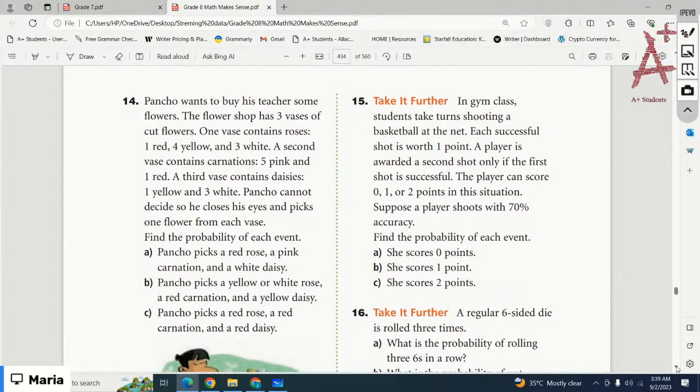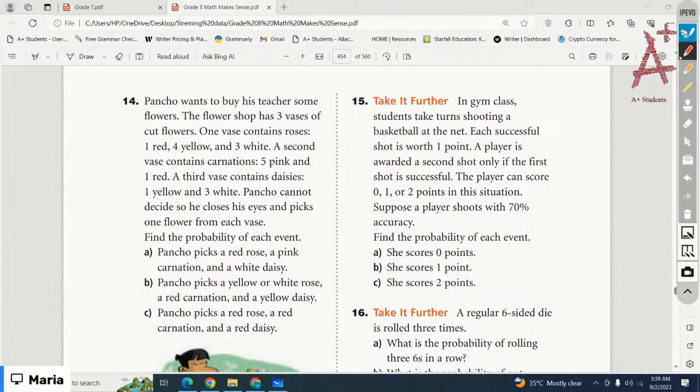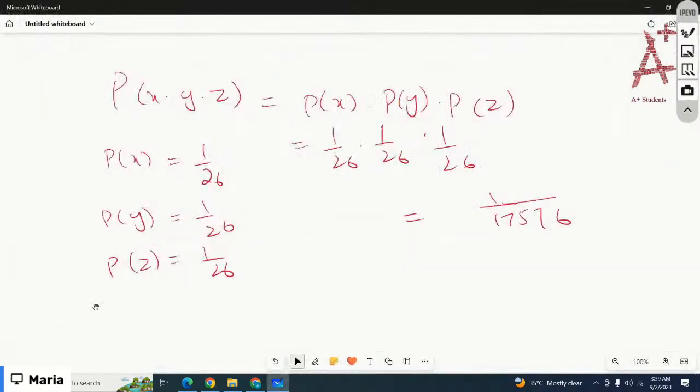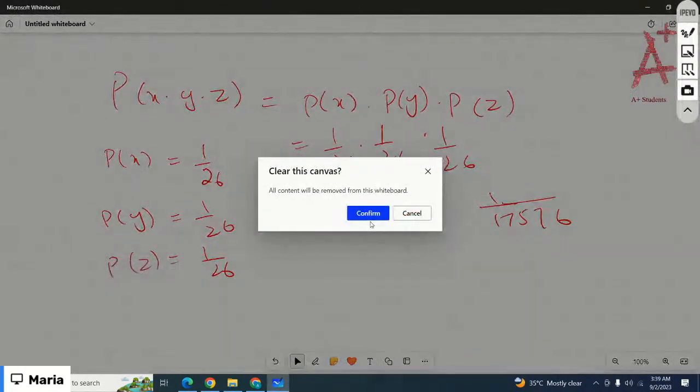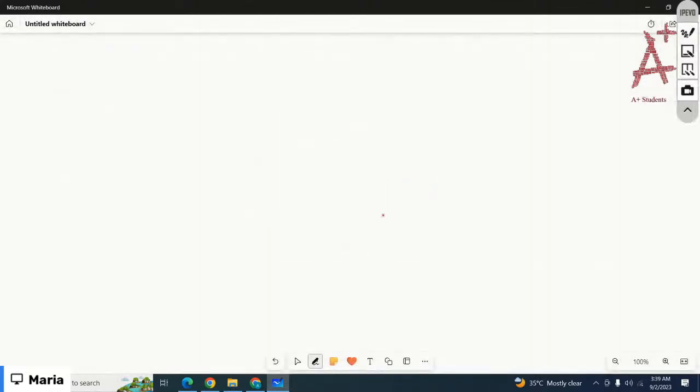70% accuracy, right? The probability of scoring is 70%. Okay, question number 15. You are given that the accuracy is 70%.